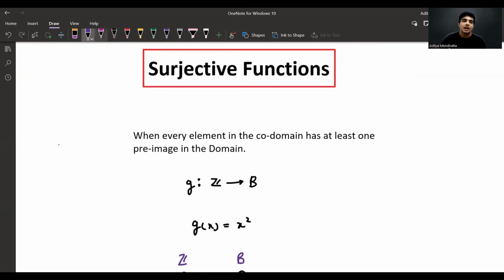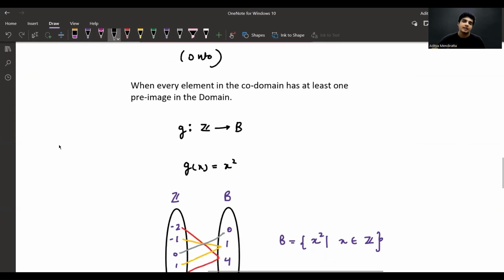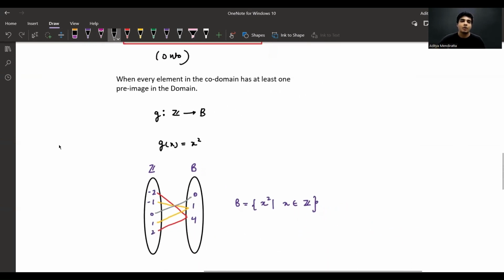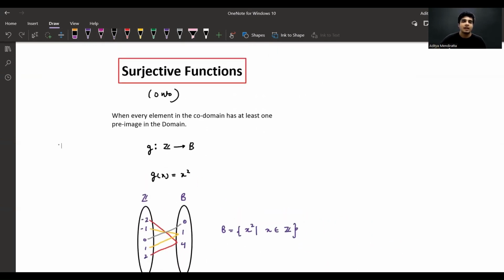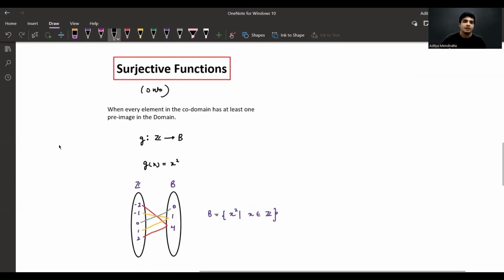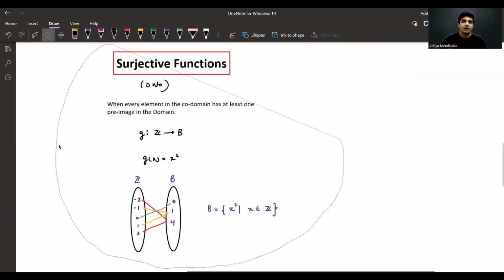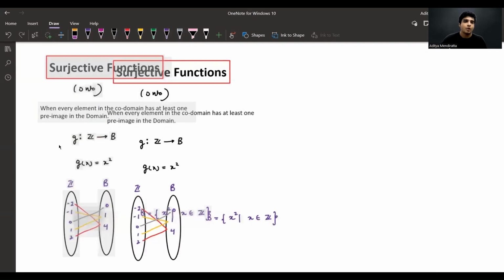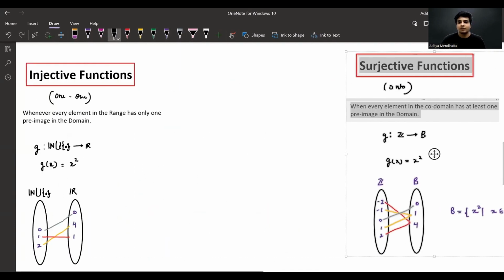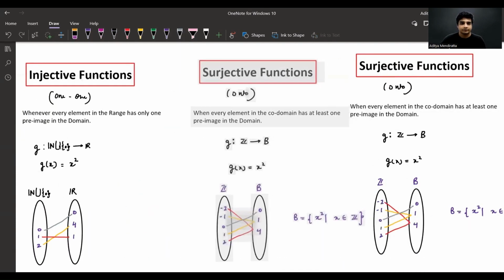We also often refer to them as onto functions. So these are two important types of functions that we may see, two broad classifications of functions.